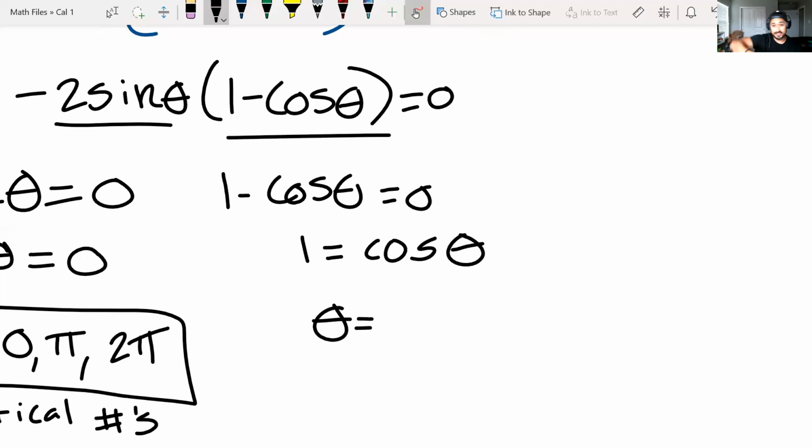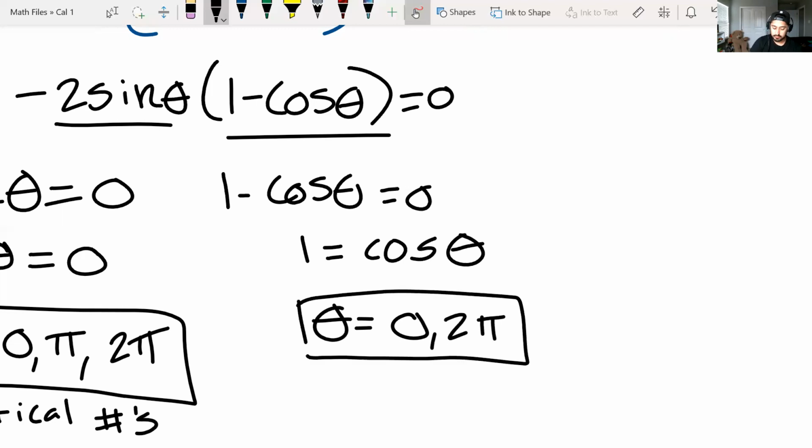And you guessed it, that's at 0 radians and not pi, because pi makes cosine negative, so back at 2 pi. There you go. There's the second set of critical numbers.